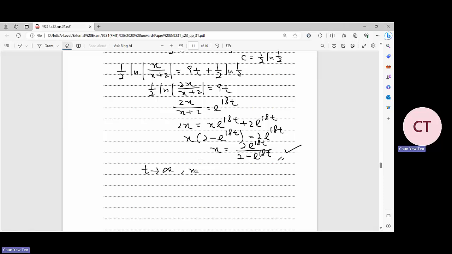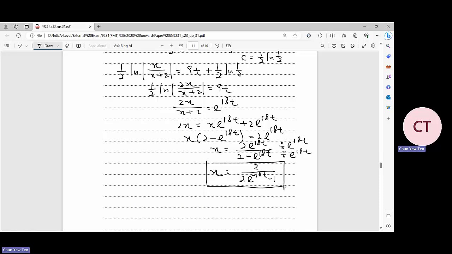So usually for this kind of expression, we want to make it e to the power of negative 18t. That means I divide everyone by e power 18t. So therefore, usually we will take this as the answer.